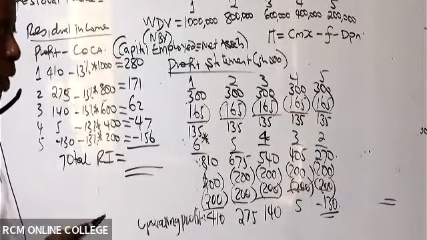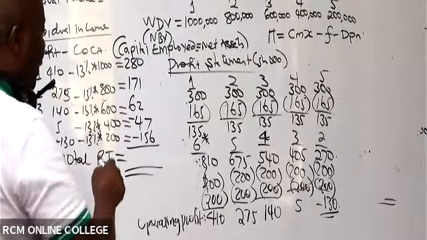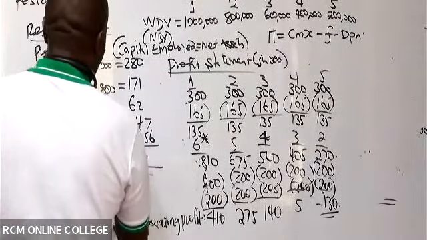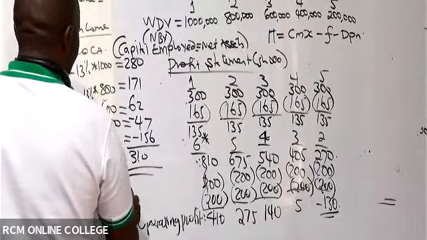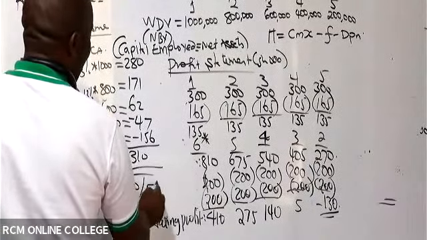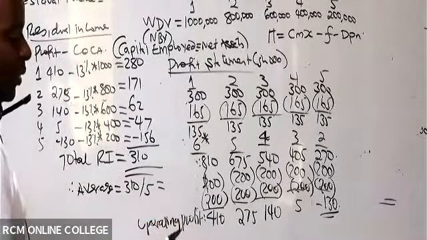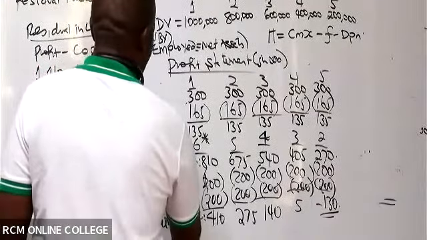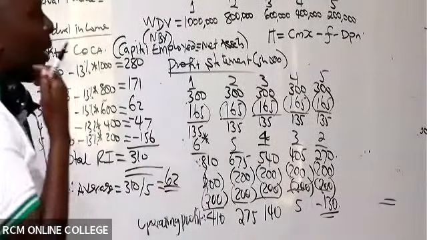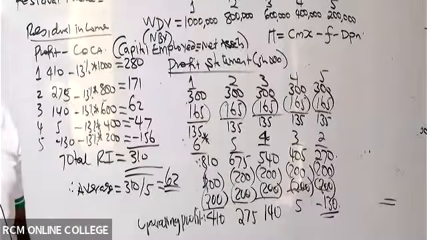Total residual income, according to Maggie, is 310, and therefore the average will be 310 divided by the number of years, which is 5, which is 62.